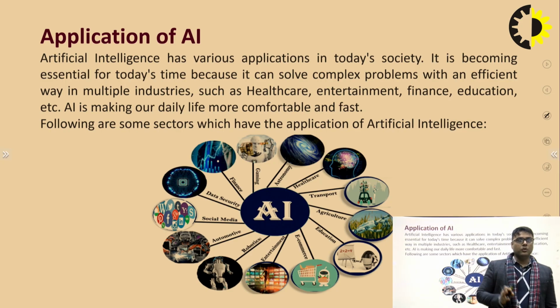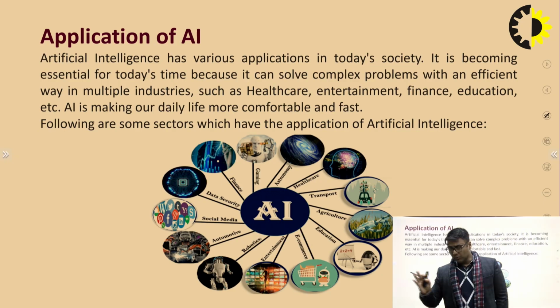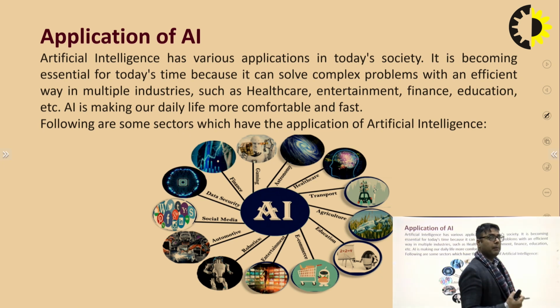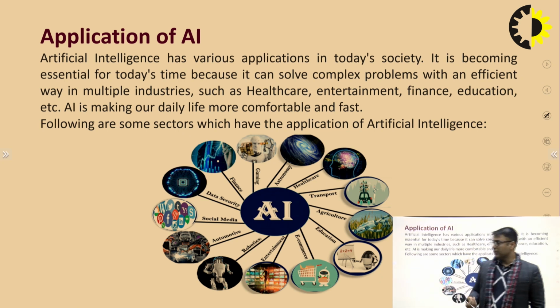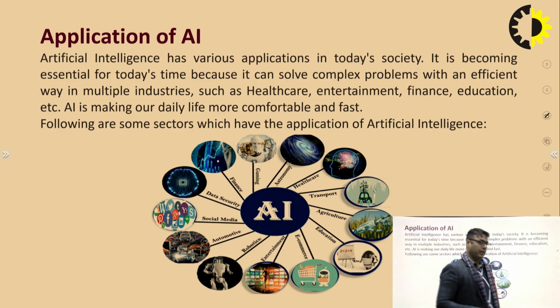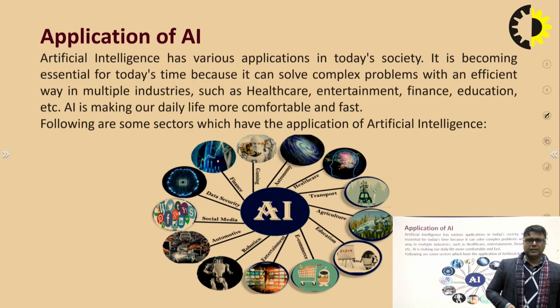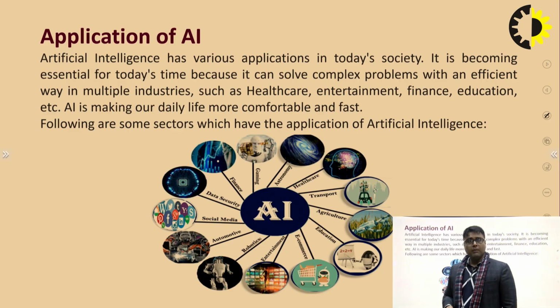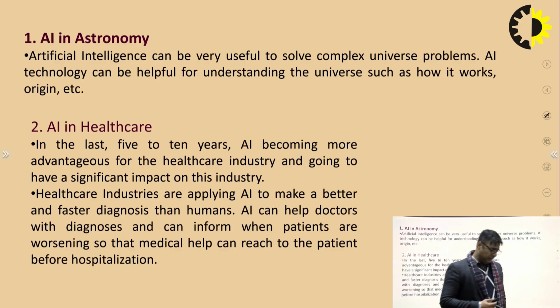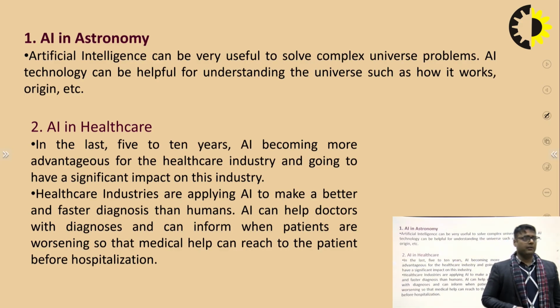All of you know the Turing machine, a machine that behaves like a human. Alan Turing established the AI part, I think in the Second World War, with German language understanding. The first application is AI in astronomy.